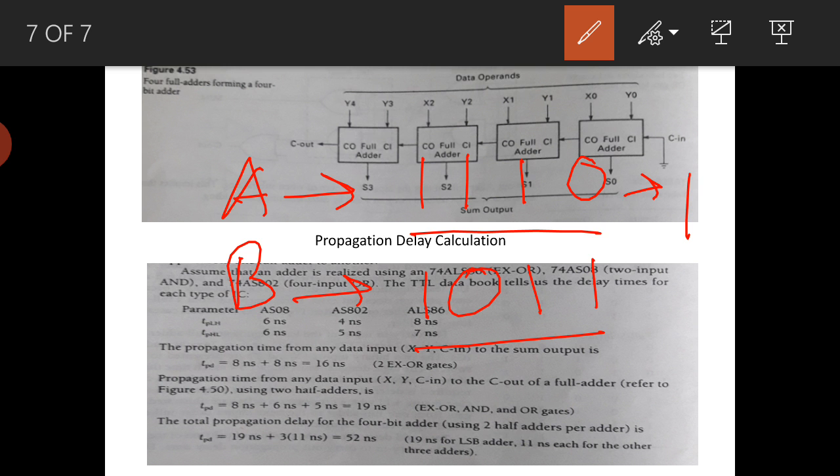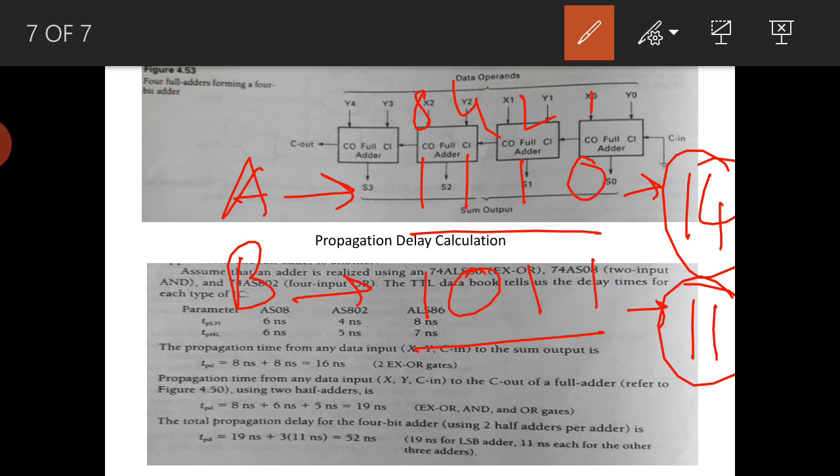In decimal, 1110 is 14 and 1011 is 11, if you apply the 8421 code. So 14 plus 11 in decimal will be 25.